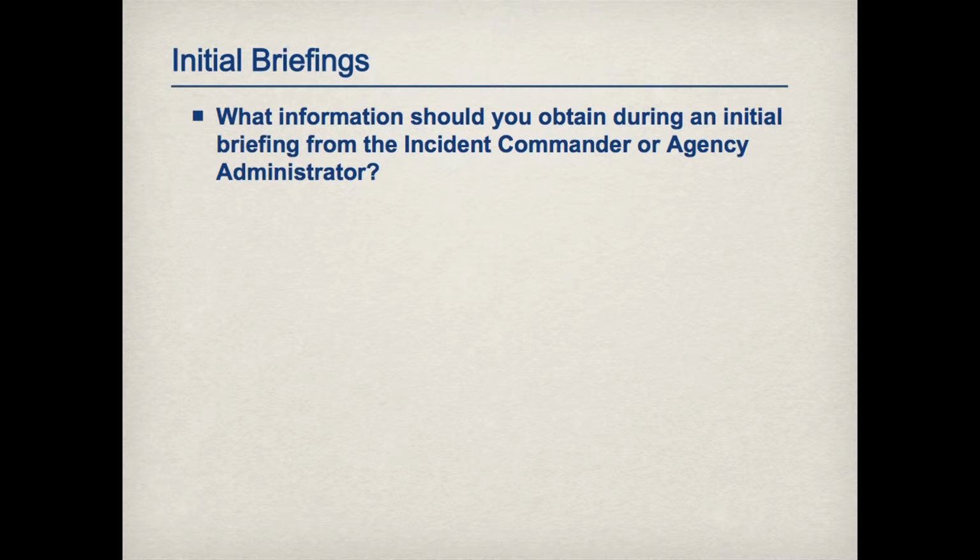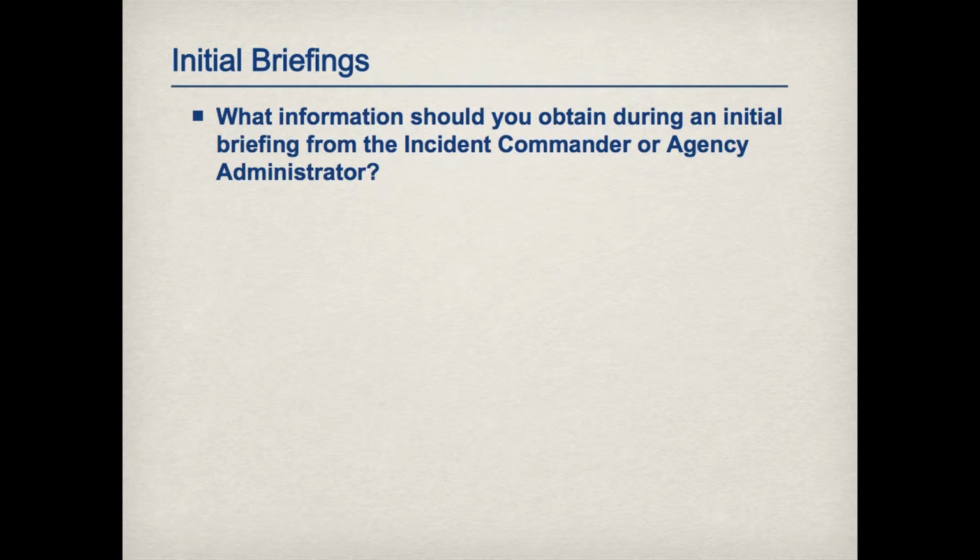If you are not briefed by the incident commander or agency administrator, get a briefing from the planning section chief. This could be a formal sit-down meeting or an informal conversation whenever you can get his or her attention. Again, you need to be proactive and sometimes creative in order to get the information that you need.